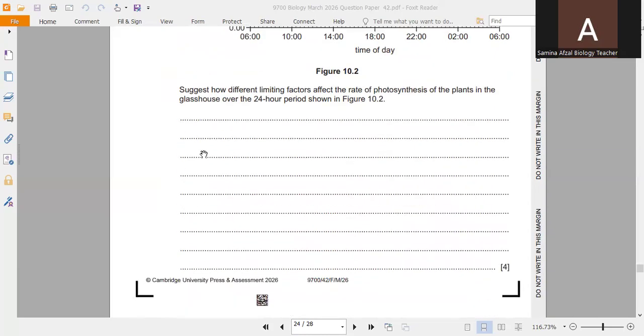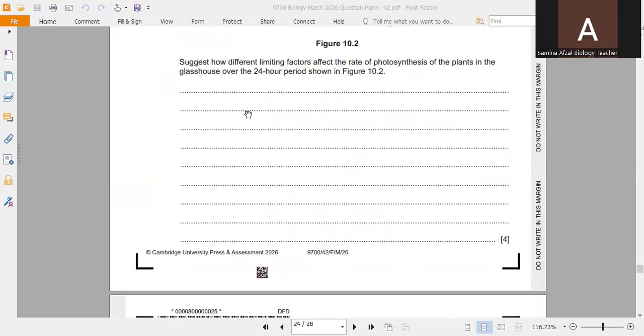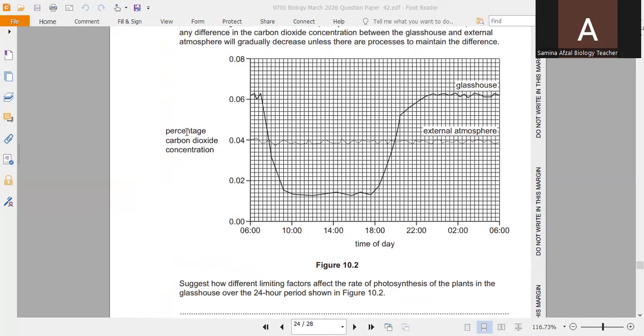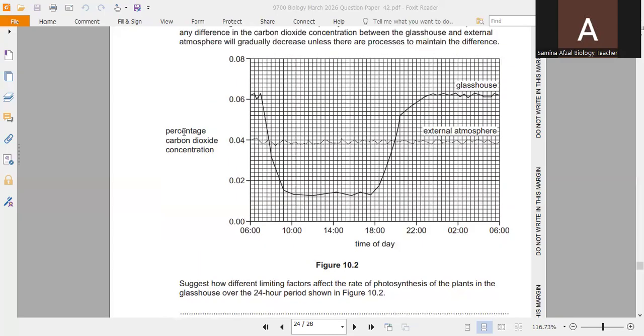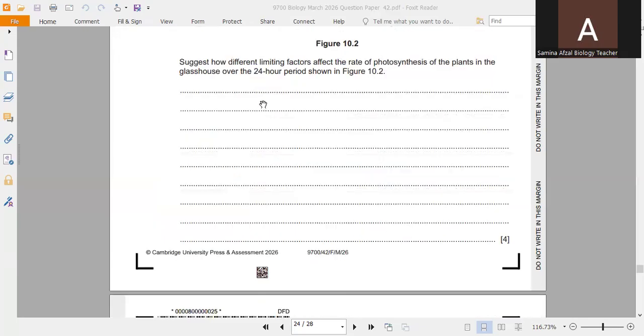So suggest how different limiting factors affect the rate of photosynthesis of the plant in the glasshouse over the 24-hour period in figure 10.2. Moving towards the figure, you can see that at 10 to 18 carbon dioxide reaches very low. So all this which I have explained, I would like to write over here in the given space.